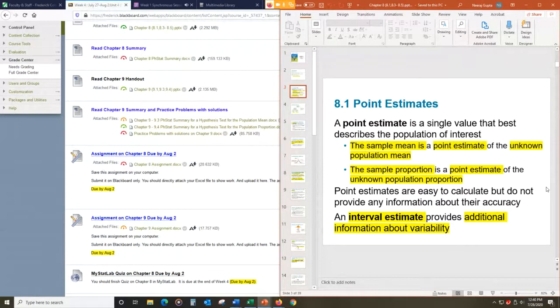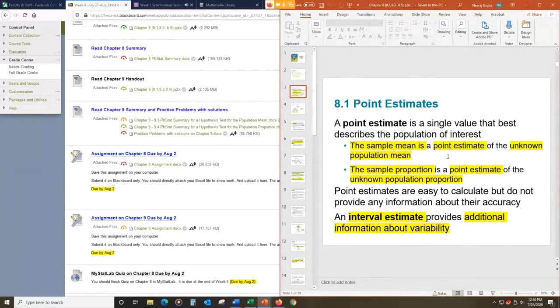One is point estimate. As we are estimating our population parameters, if we are estimating population mean, the symbol we use for population mean is mu, we will estimate that from our sample mean, which will be our x bar. So we say that the sample mean is a point estimate of the unknown population mean.